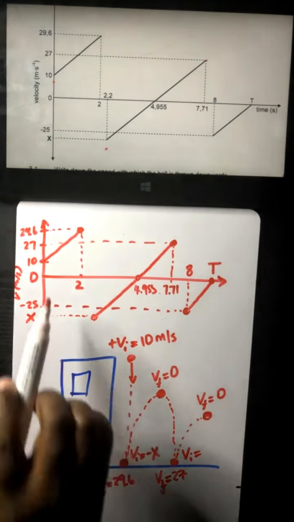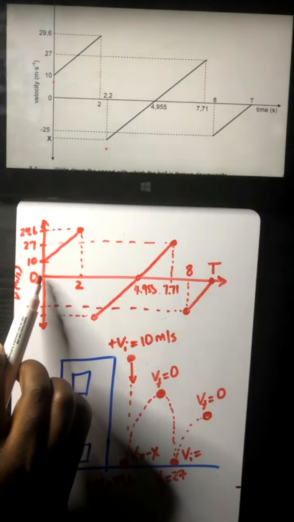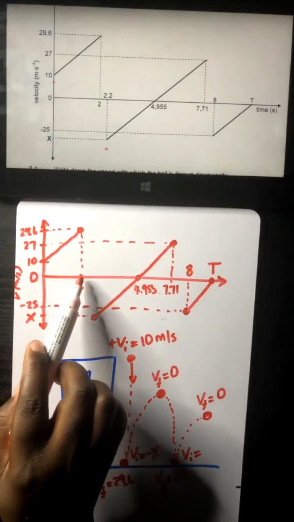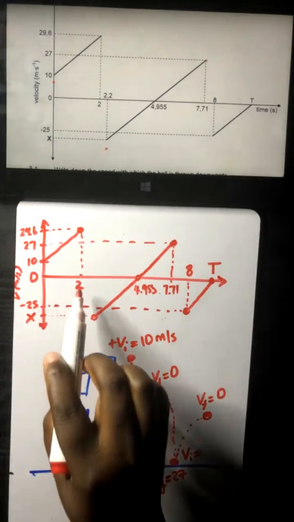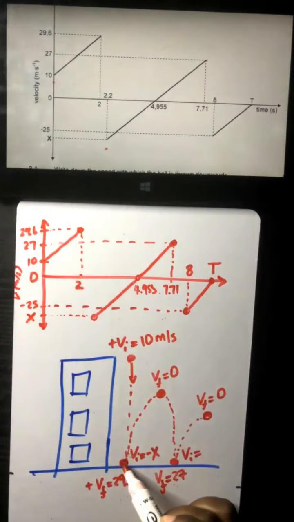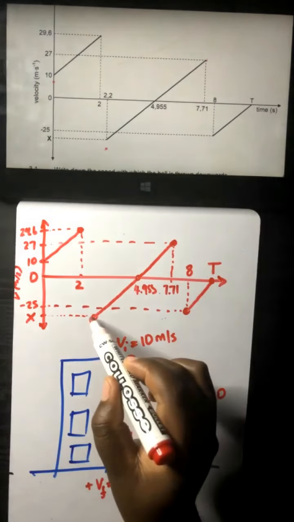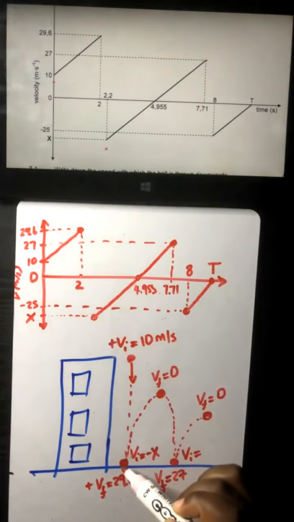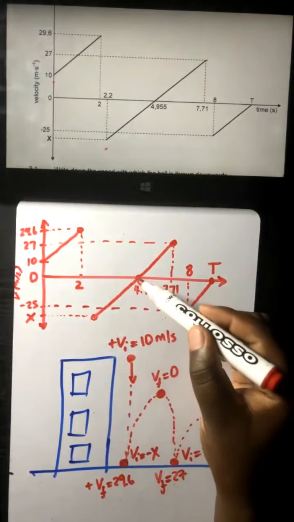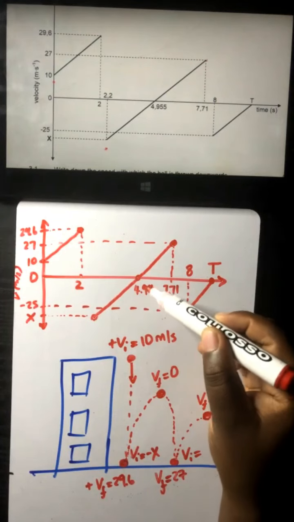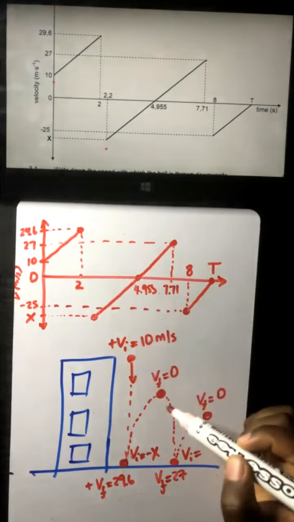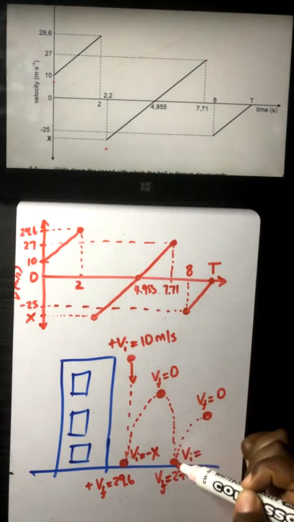So that means, guys, from time 0, this object is being thrown vertically downwards. It takes 2 seconds for it to strike the ground. Then it changes direction at that velocity of x, and then it goes up until it reaches its maximum height, where time is 4.955 seconds. From there, it strikes the ground again.